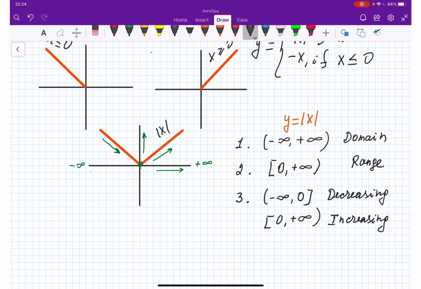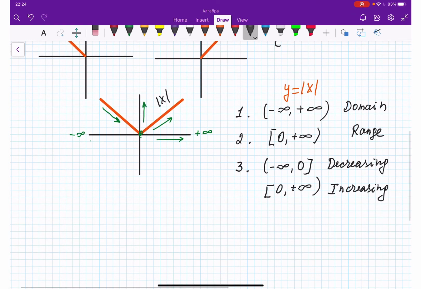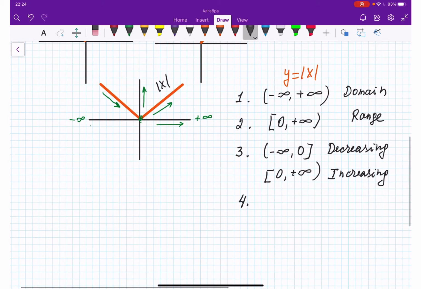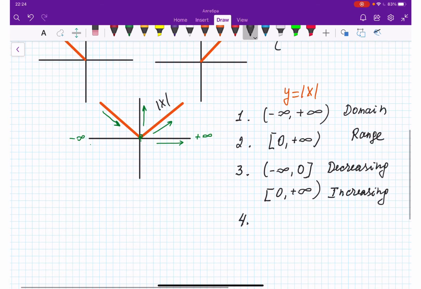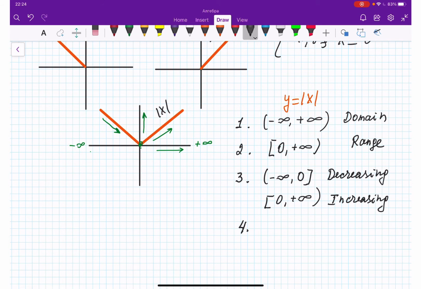All right, the fourth property: the function is even. Why? Because f of negative x is equal to f of x.